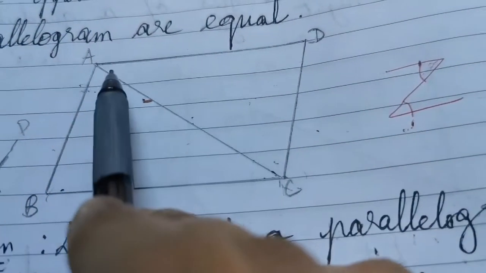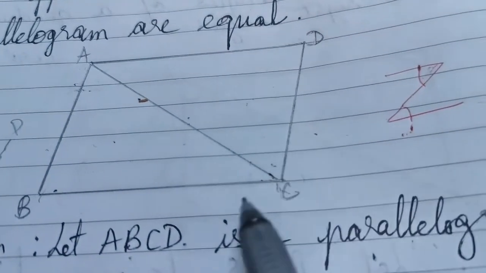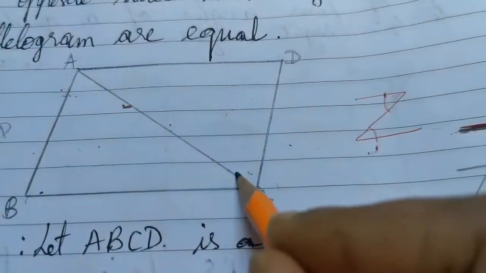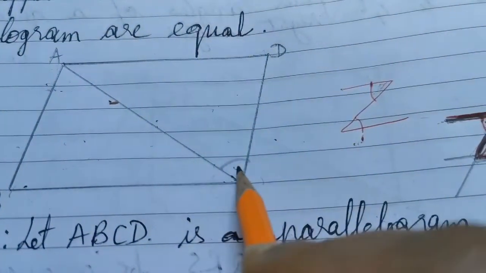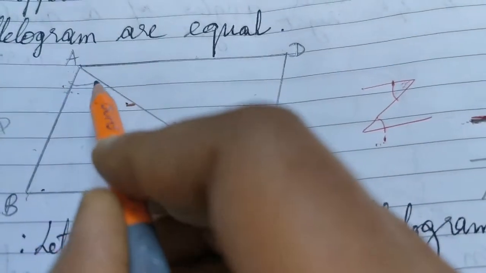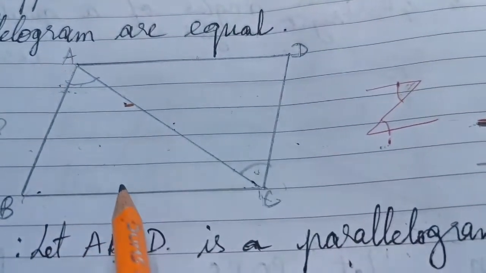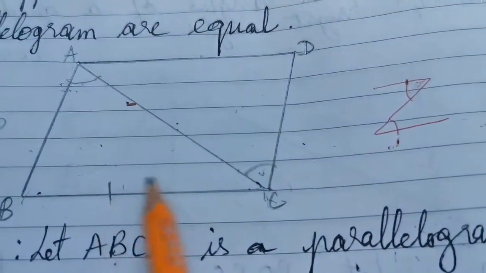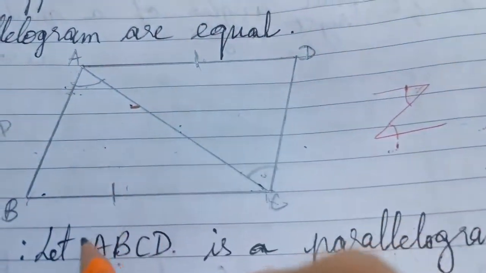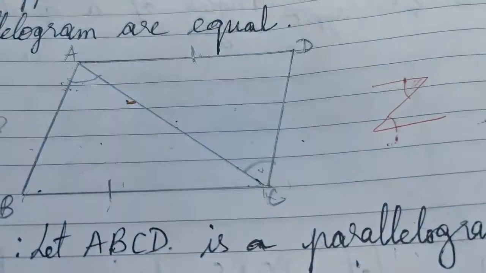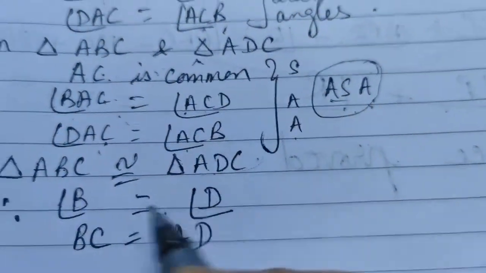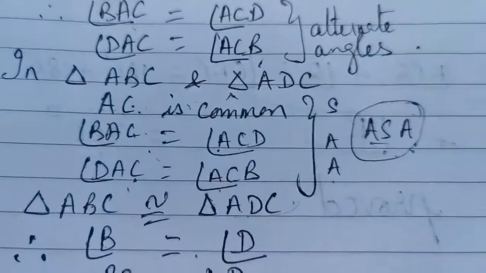So this angle is ACD. The side opposite to ACD is AD. We checked the side opposite to BAC is BC and the side opposite to ACD is AD. Therefore, BC is equal to AD. So from the second statement, we got this.